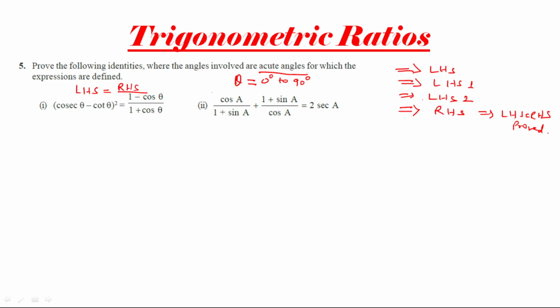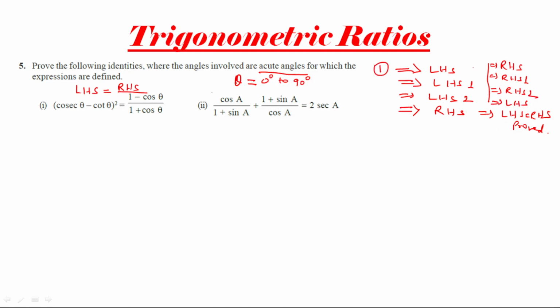Similarly, we can take RHS, solve it step by step, RHS 1, RHS 2, and lastly we will get LHS. Then again LHS will be equal to RHS.